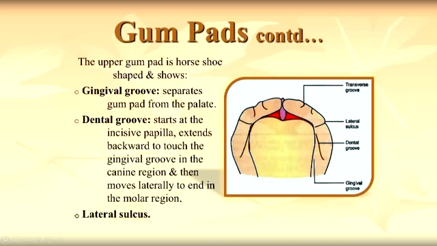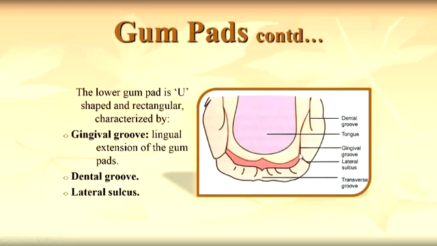The dental groove starts at the incisive papilla, extends backward to touch the gingival groove in the canine region, and then moves laterally to the end of the molar region, and the lateral sulci are also seen. These are very important for judging this stage.